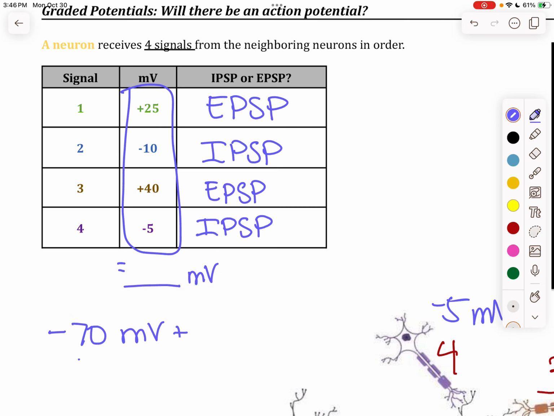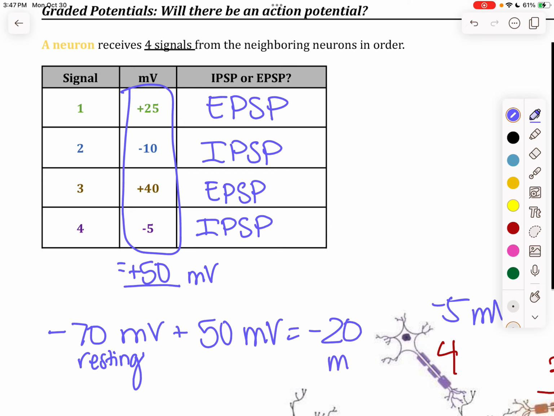So minus 70 is resting, plus the addition of 25 minus 10 plus 40 minus 5, which should get you plus 50. Minus 70 plus 50 gets you minus 20 millivolts.